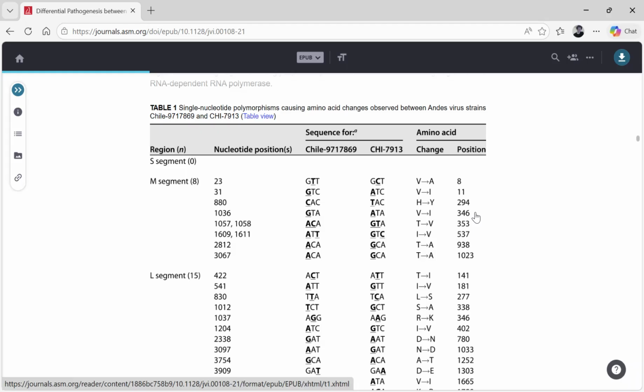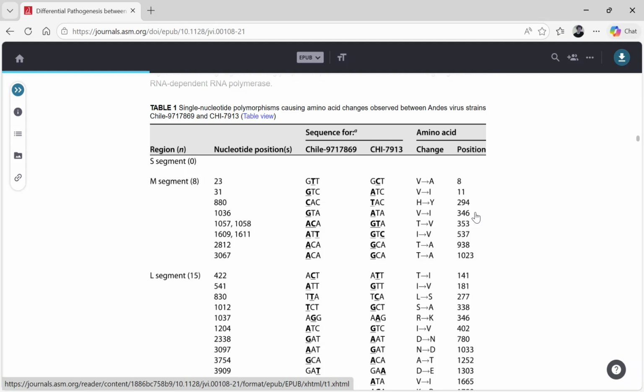I did a video on this for the increased shepherding to the cell surface. The modification was at the 537, I'm sorry, 532 position, and the 1094 position.